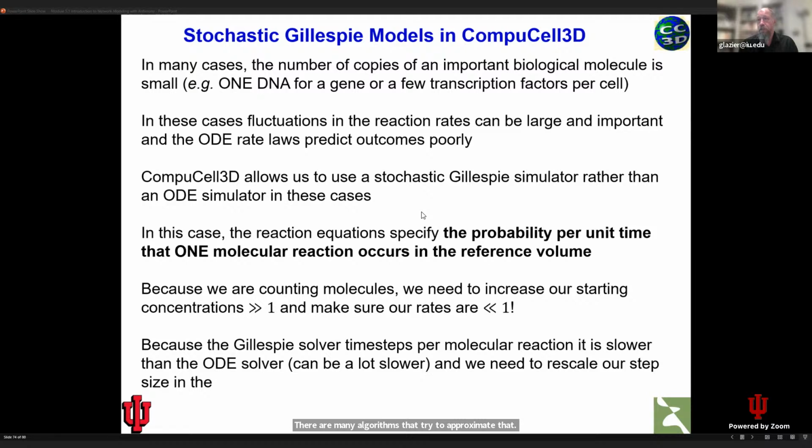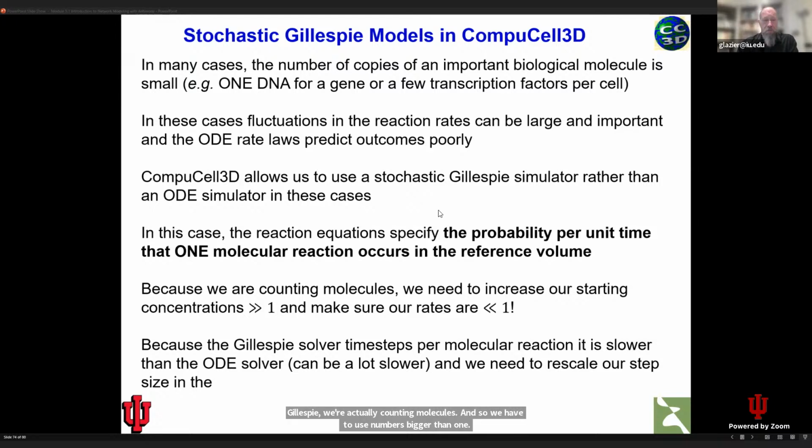And in this case, the rate of reaction is the probability per unit time that one molecular reaction occurs in the volume of interest. One thing you have to worry about with Gillespie is that for chemical concentrations, we typically normalize everything to 1. In Gillespie, we're actually counting molecules, and so we have to use numbers bigger than 1 to make things work.